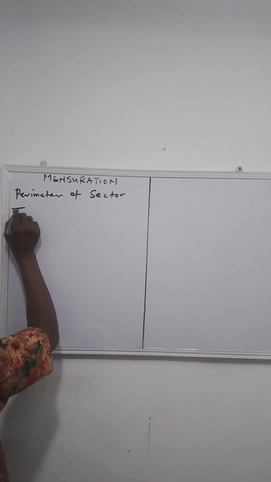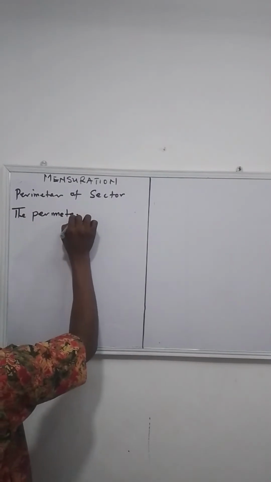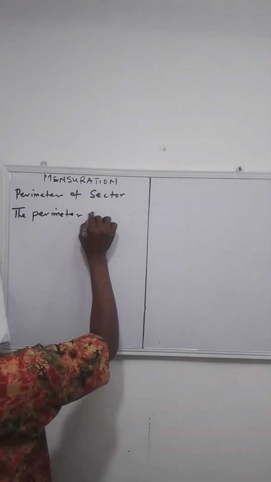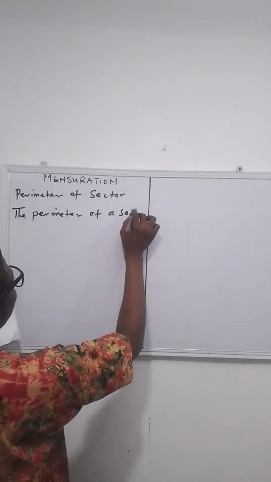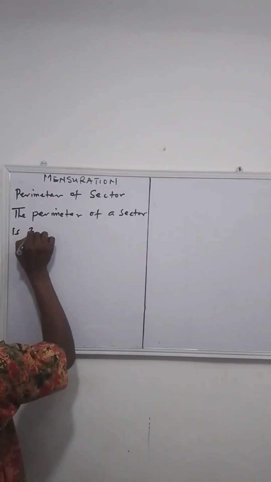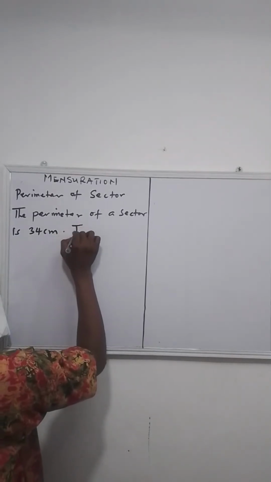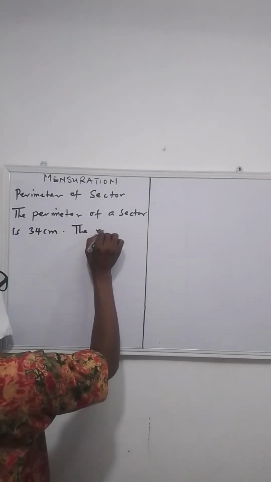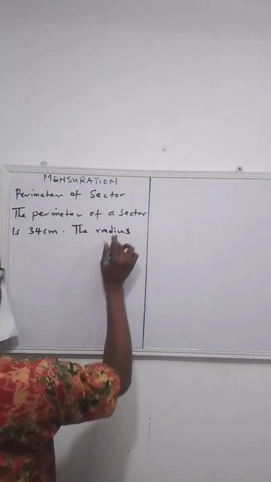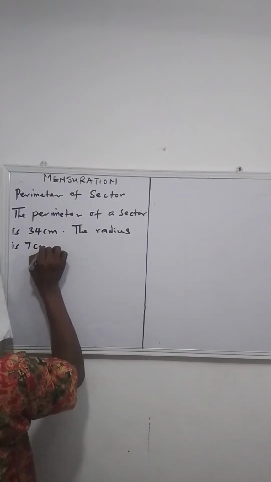Now, the perimeter of a sector is 34 centimeters. The radius is 7 centimeters.